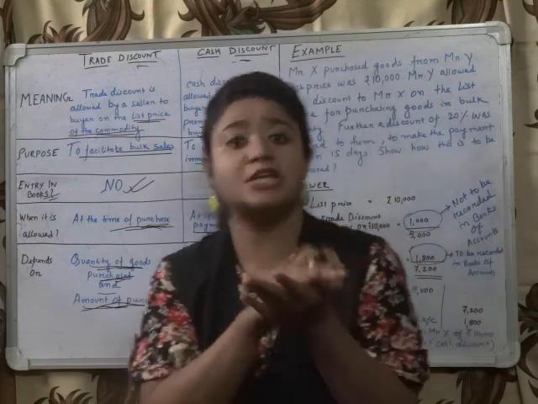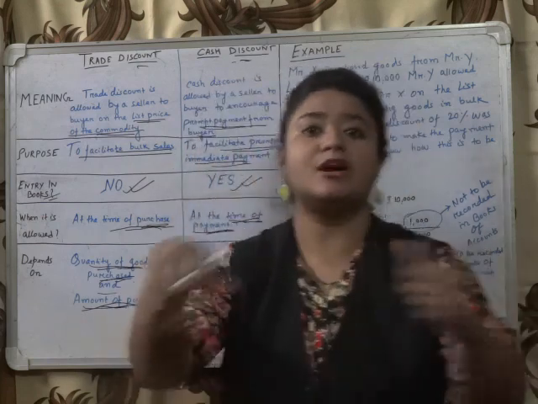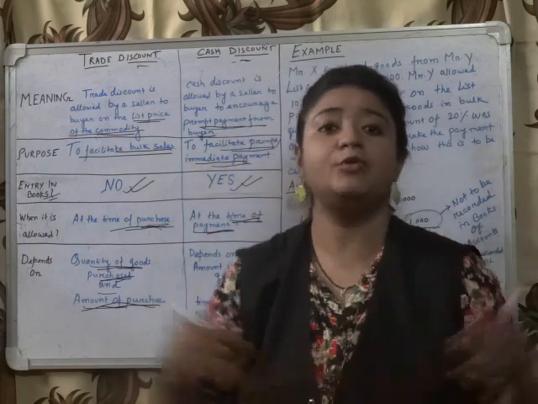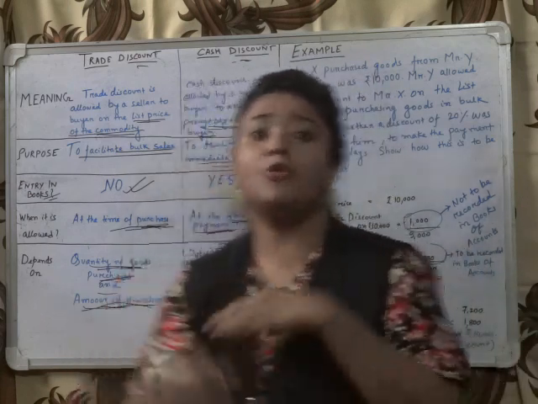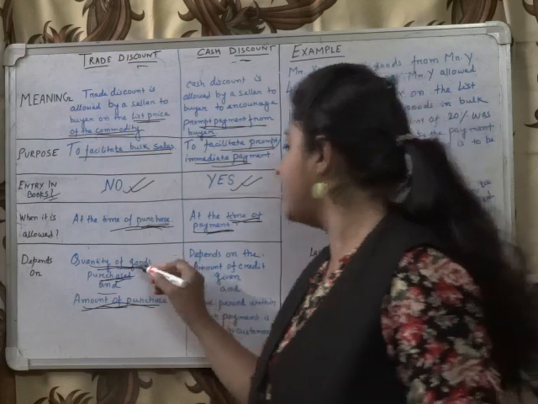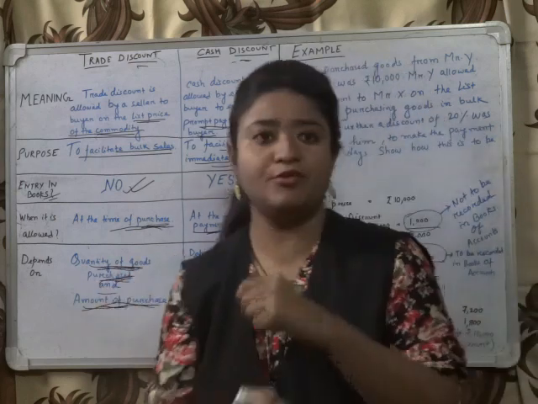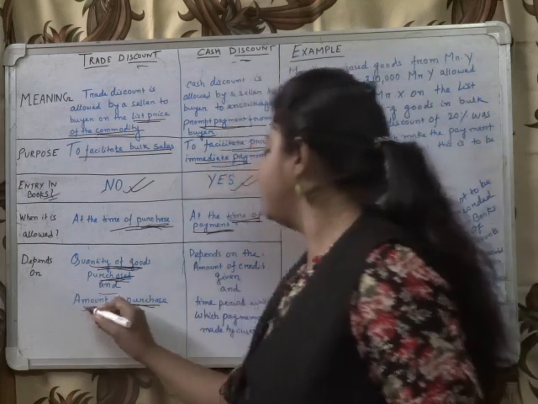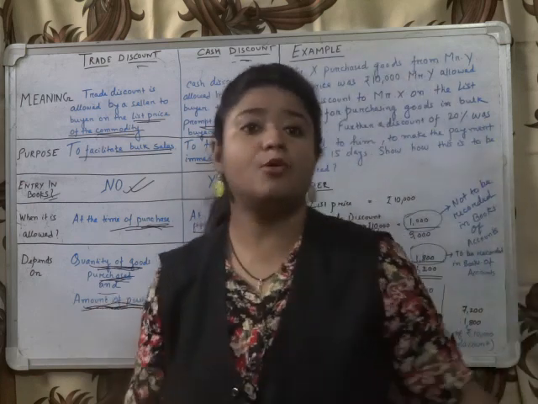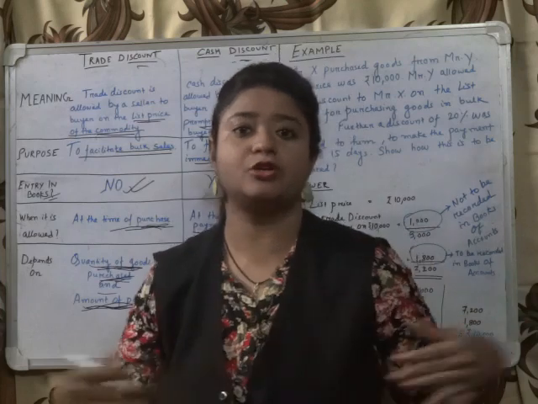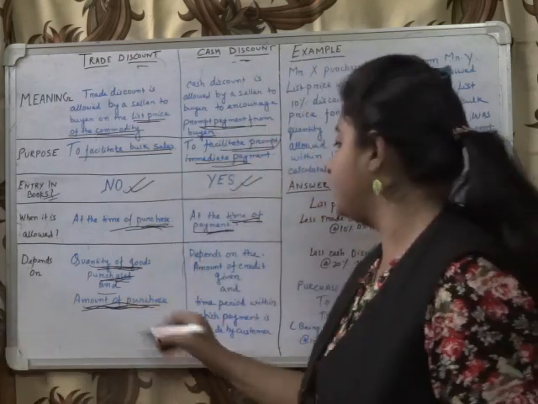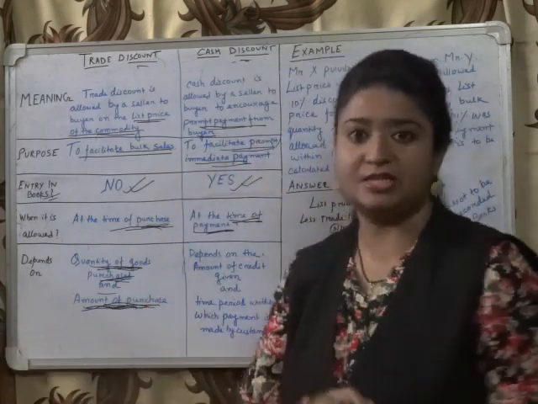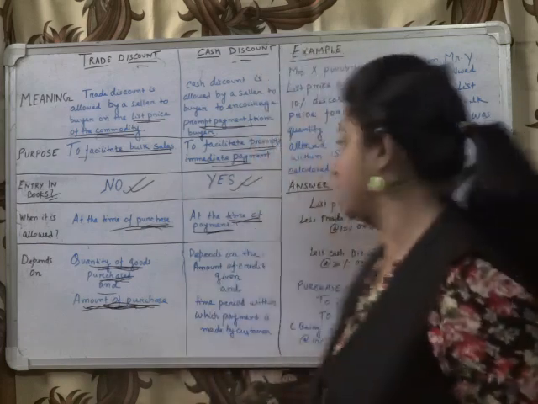But if you purchase worth 80,000 rupees, then I will provide you 8% discount. Like this, the more quantity you purchase, you will get more trade discount, or it can depend upon the amount of purchase. The more total worth of goods you purchase, I will provide you more trade discount, right?